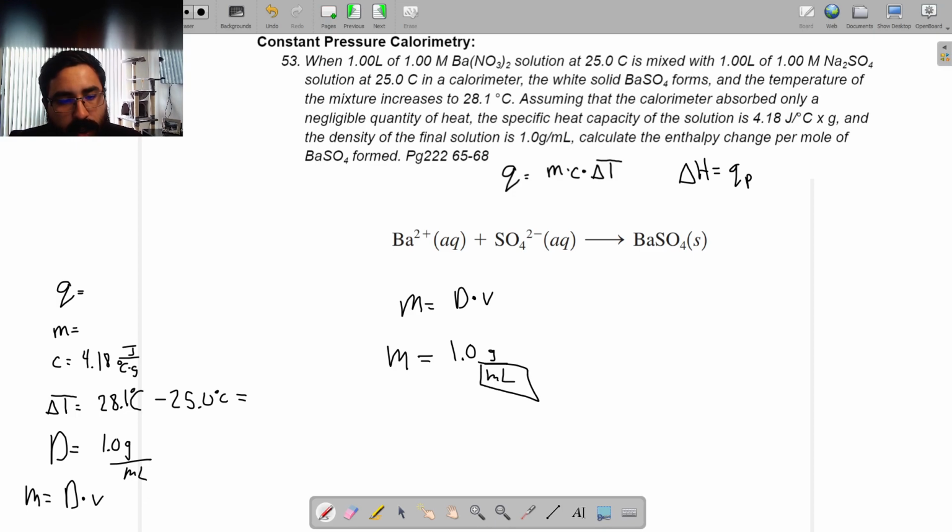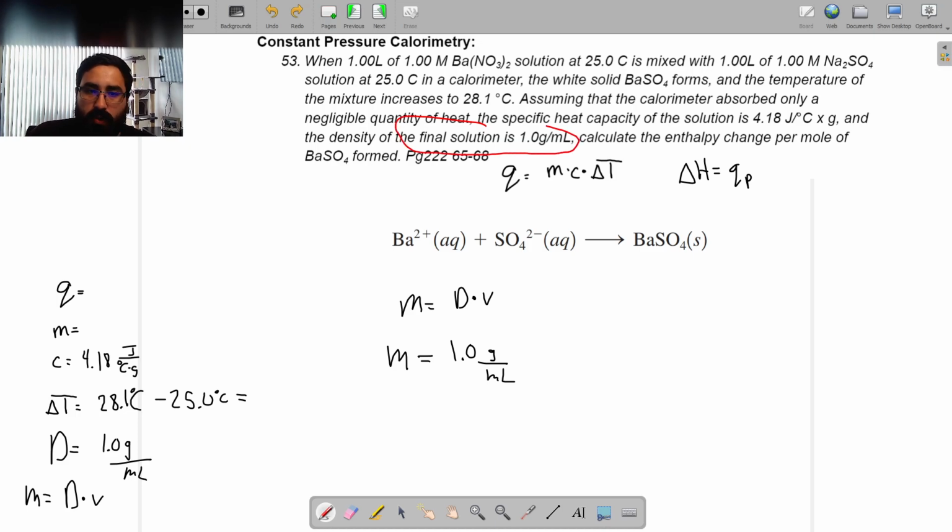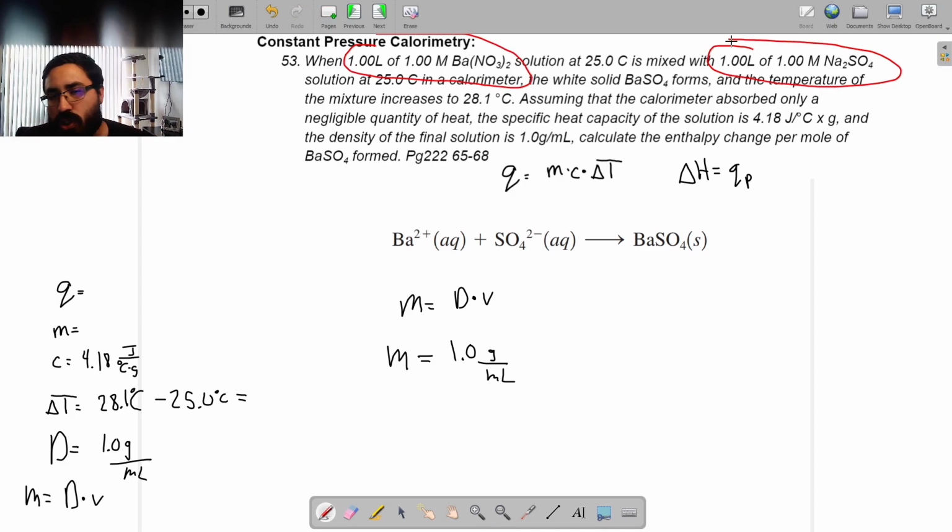We have milliliters here, and we have liters here. Now, you want the final solution, right? So they're telling you that we had 1 liter of this, and we have 1 liter of this. So at the end, we have a total of 2 liters. So we're going to end up multiplying by 2 liters.